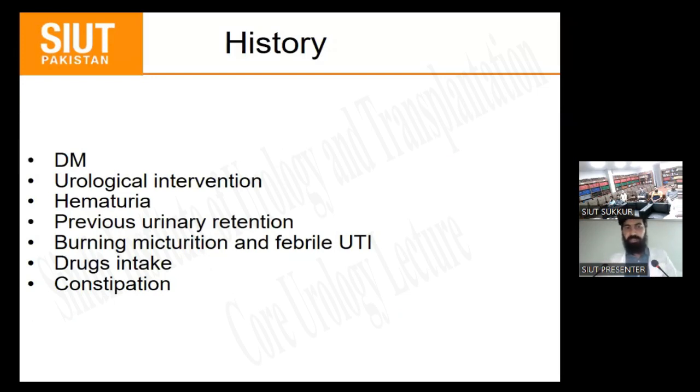History is most important. Maybe the patient presenting in OPD with LUTS has diabetes mellitus, any history of urological intervention, history of hematuria, previous episodes of urinary retention, burning micturition and febrile UTI, drug intake, and constipation.